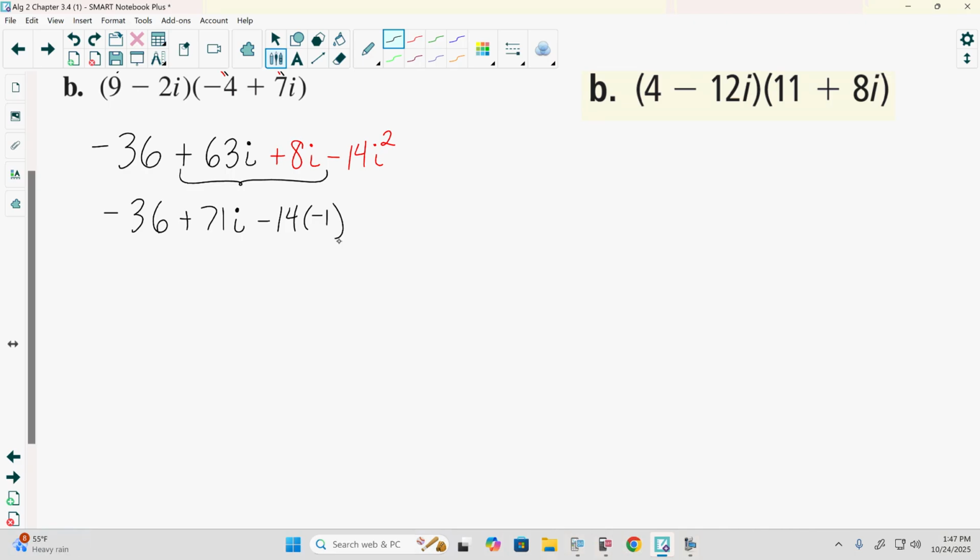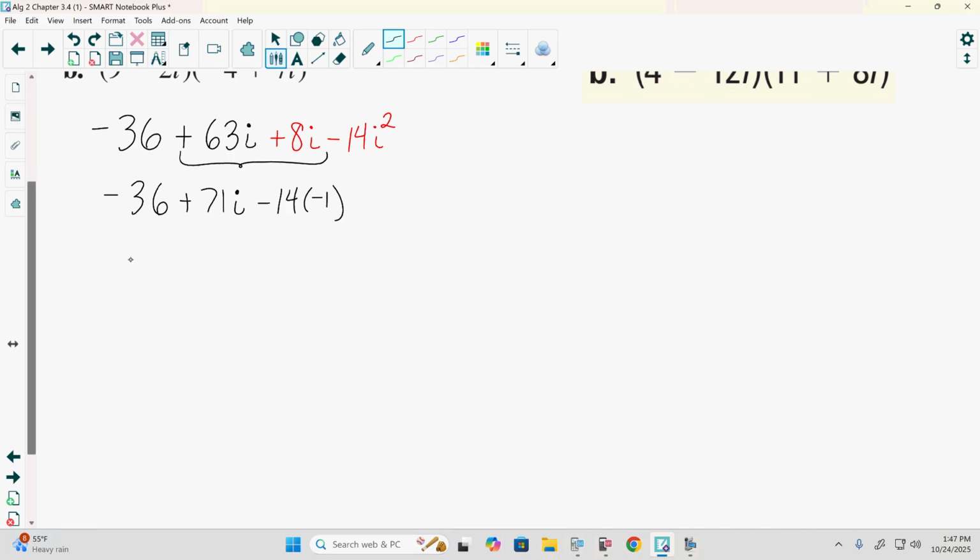Now our negative 14 times negative 1 is going to be positive 14. So we do have a like term with our negative 36, because our negative 36 and 14 will combine to give us negative 20.